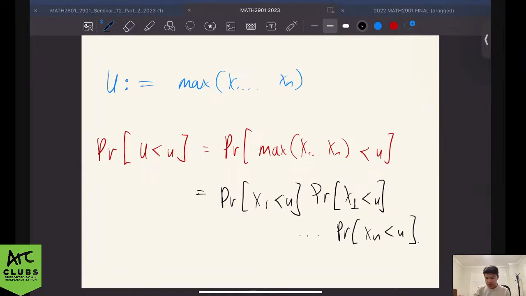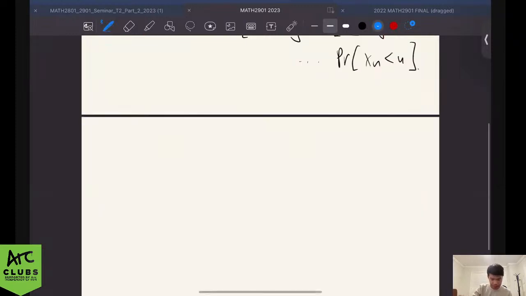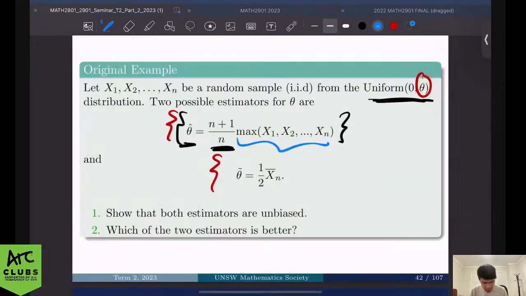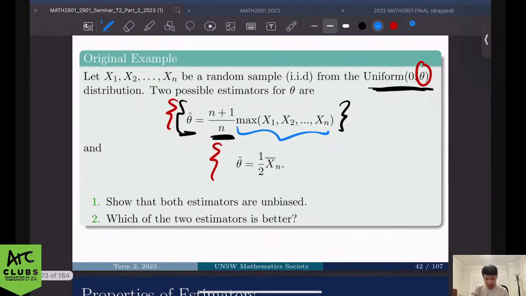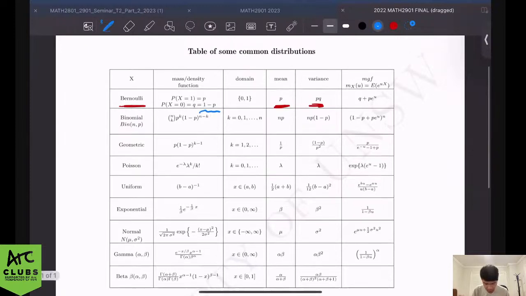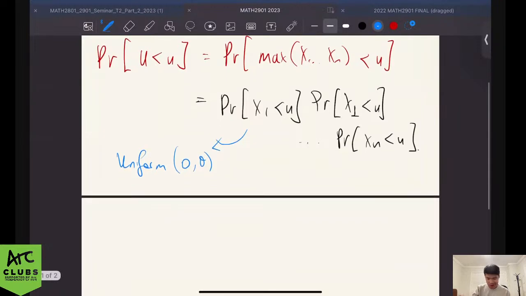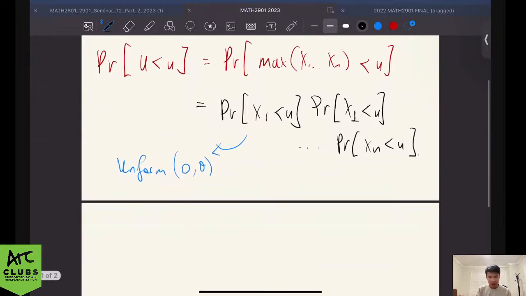Yeah. So because they're independent, you can just split it up. And what happens is each of these is uniform 0 theta. And so let's go back to the question. Uniform 0 theta, is it here? It is not. But that's okay, because a nice way to remember the CDF of a uniform distribution is, well, the uniform distribution is a straight line, right? The PDF is a straight line.